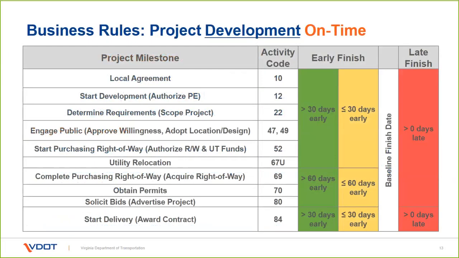Okay, so let's get into the business rules. I mentioned we're tracking 10 activities versus 1, and these are the 10 that we're tracking here. You can see the name on the left as you go through the column. That is what we call it on the dashboard going forward.